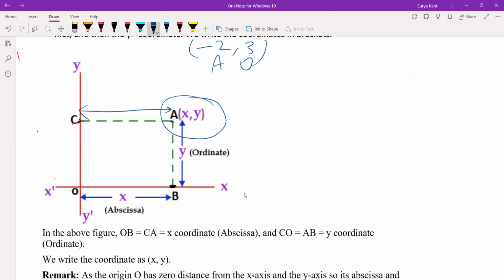And y coordinate. So in the above figure, OB is equal to CA. Both are equal. And that is nothing but the x coordinate, or you can call it abscissa.